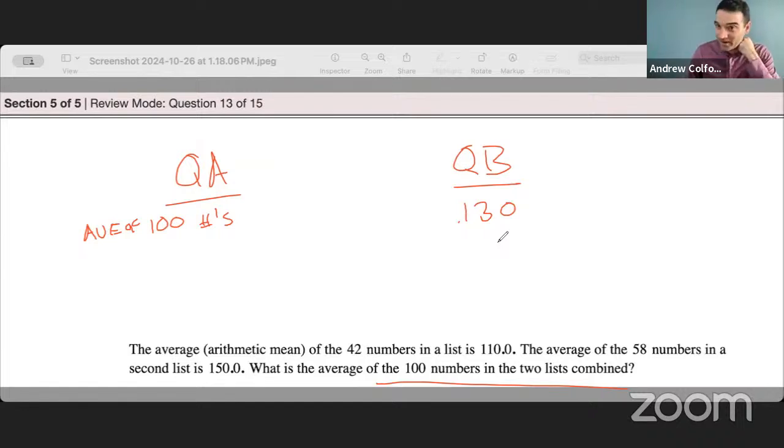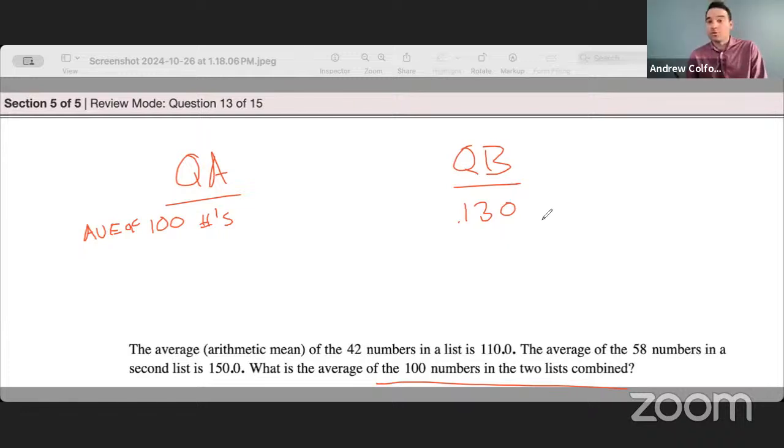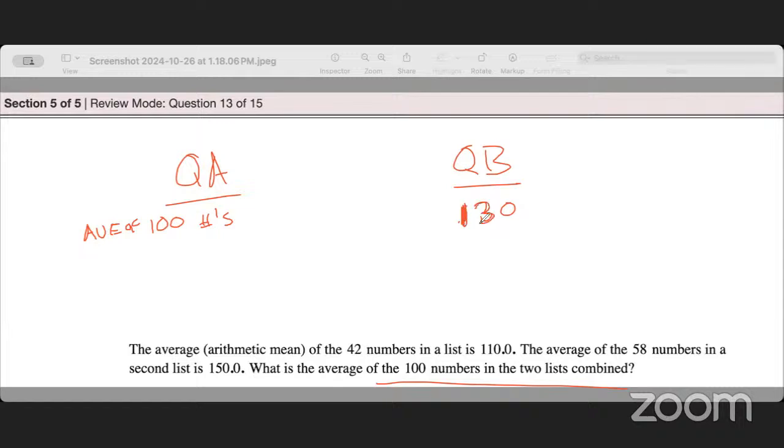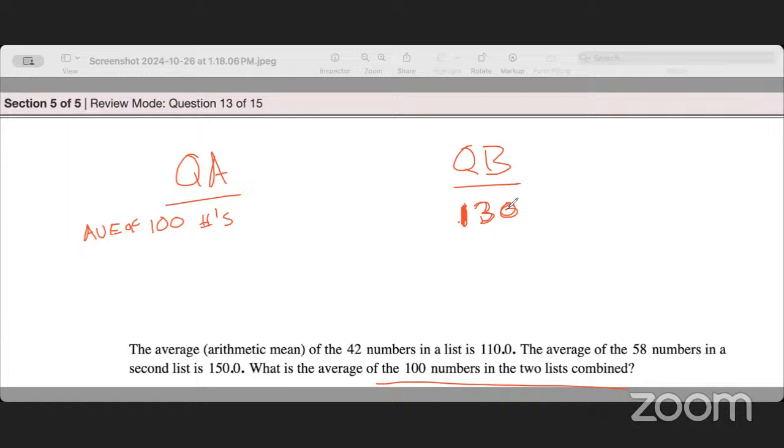Without doing any work, which quantity is greater? It's 130. Okay, quantity B. Why? Because the average of 100 numbers, well, actually, hold on.